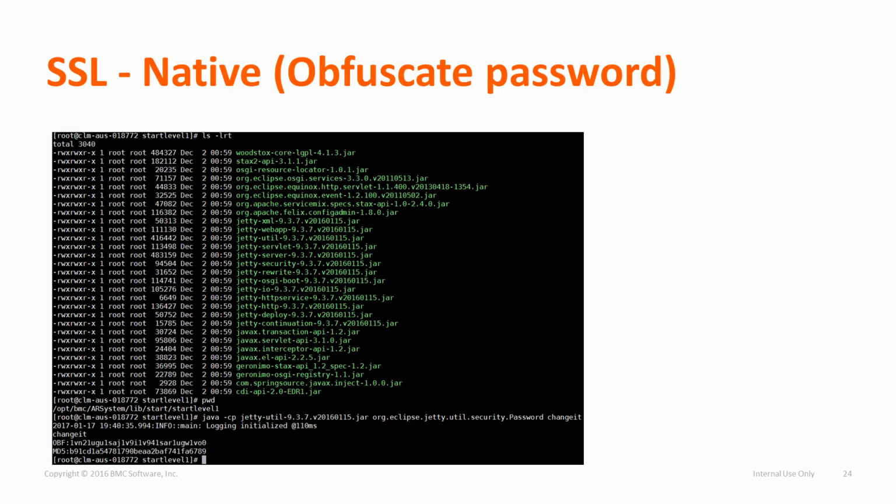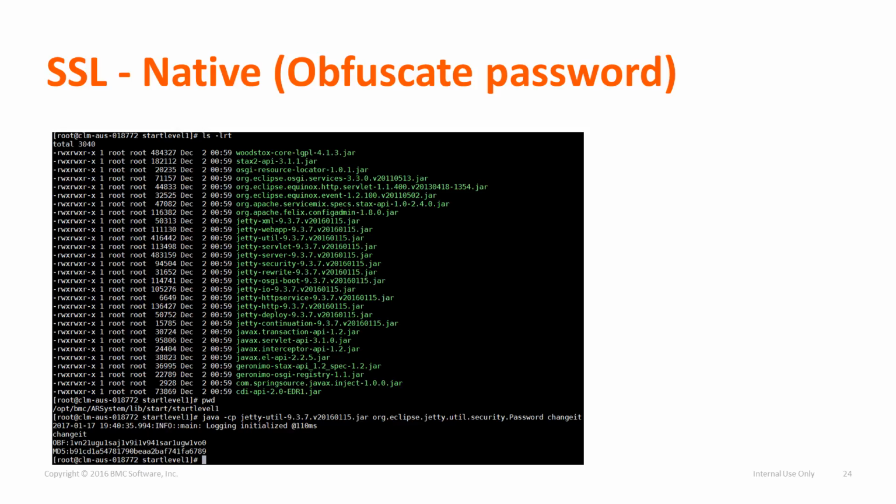So once my key store is generated and I have my certificate, I copy it over to the Jetty etc directory, and after that, I need to encrypt my password for the key store. As you can see in this command, I'm using Java -cp, and at the end of the command, you can see the plain text password of changeit.